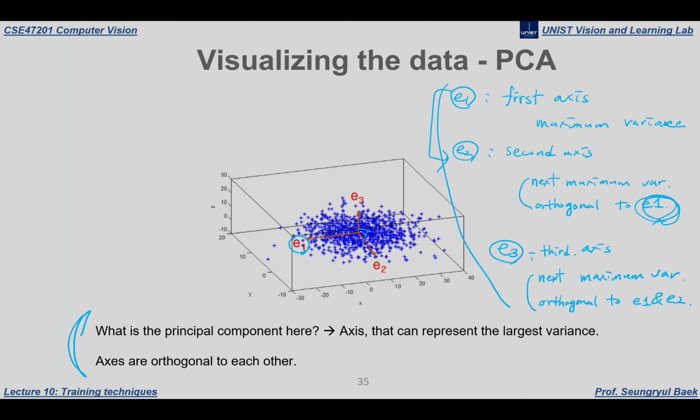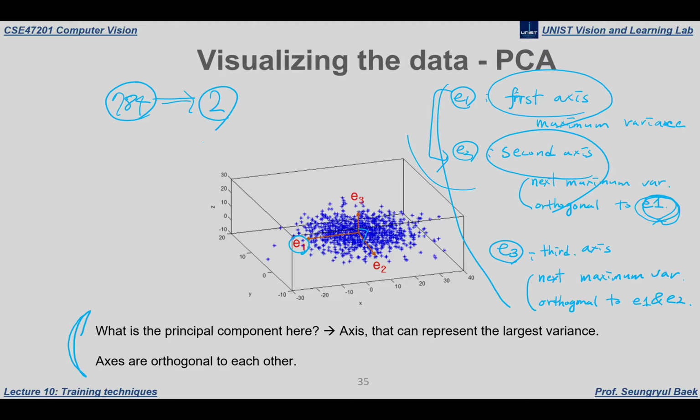And also, if you secure only two axes when seeing the data, that reduces the high-dimensional vector to two dimensions. If you secure one more, then you are reducing the raw vector to a three-dimensional space.